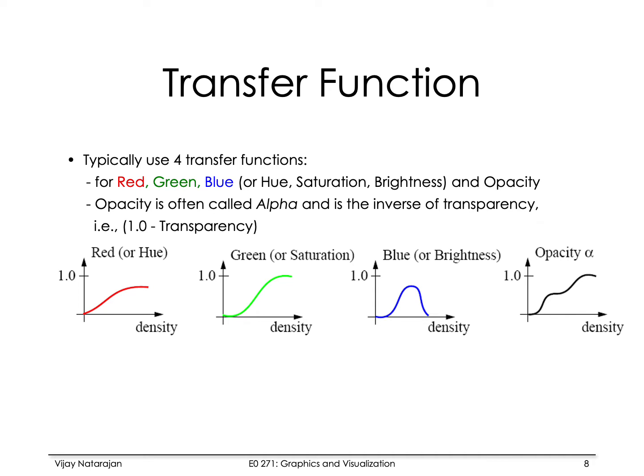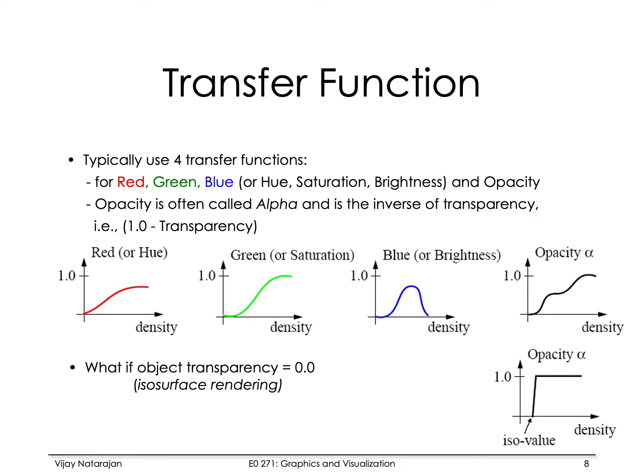As a simple thought exercise, let's think about how we would generate something like an isosurface. So essentially, for an isosurface, we need the object to be fully opaque at a particular ISO value and transparent everywhere else.